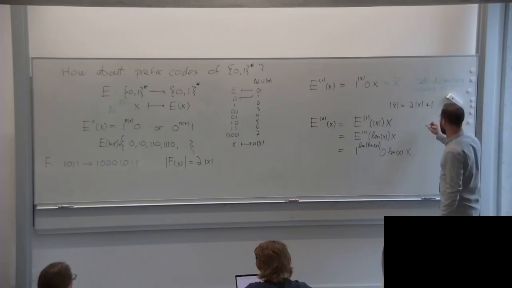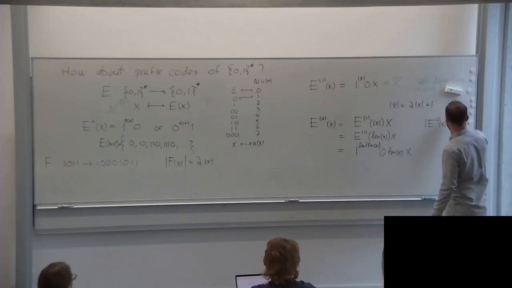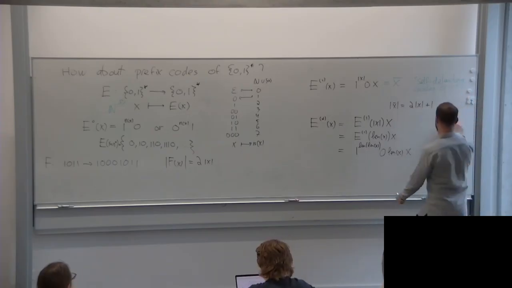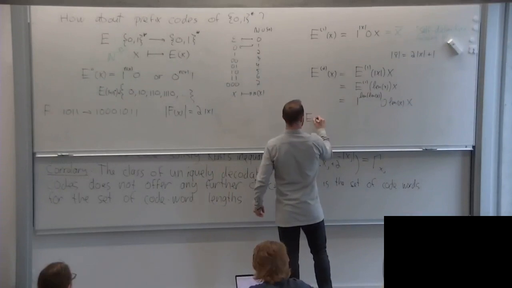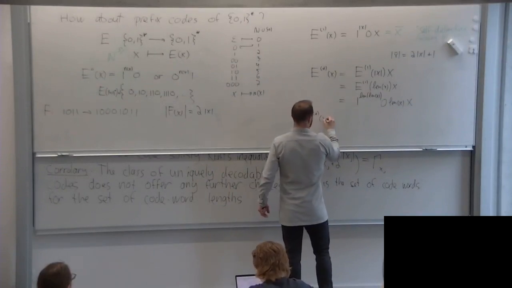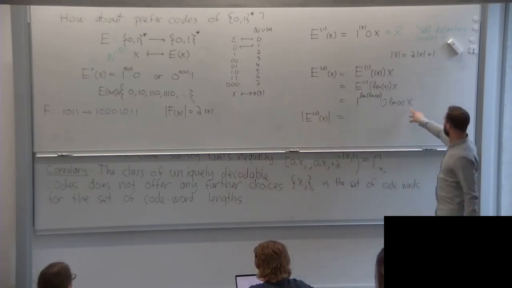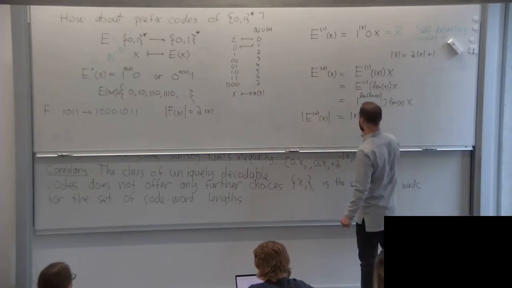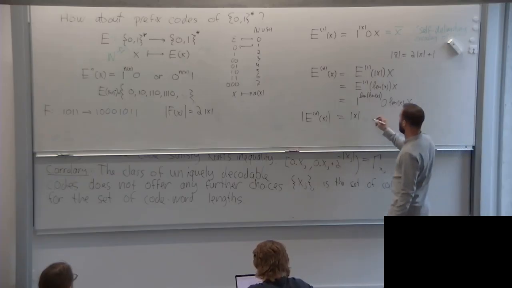Let me just say, or we can actually compute, the length of E2 of X compared with the length of X. The length of E2 of X is what? Now the dominant term is going to be this one. That's length of X. Plus the length of, well, we computed it already.